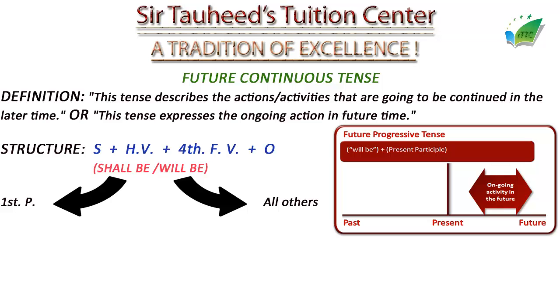And even if you use will be with all the subjects, even with I or we, it will be okay. It's not going to be wrong. You can use will be with all the subjects, but sometimes people use shall be with first person subjects like I or we.